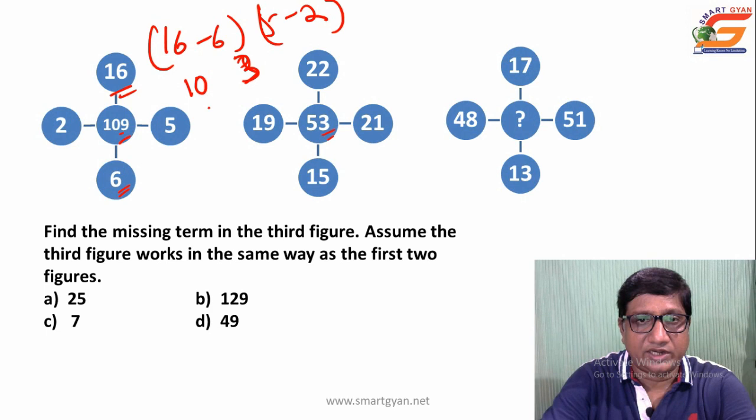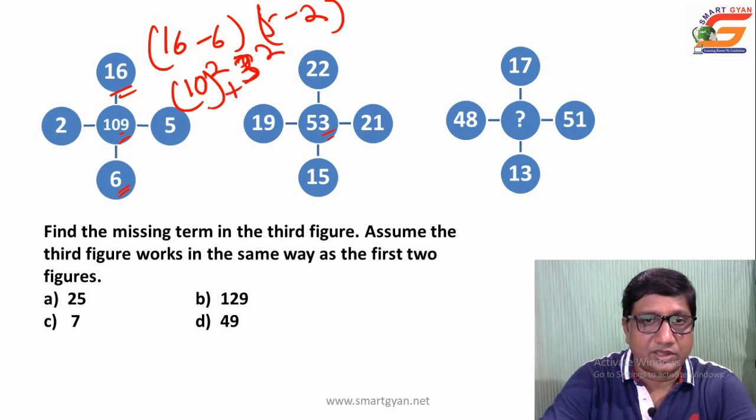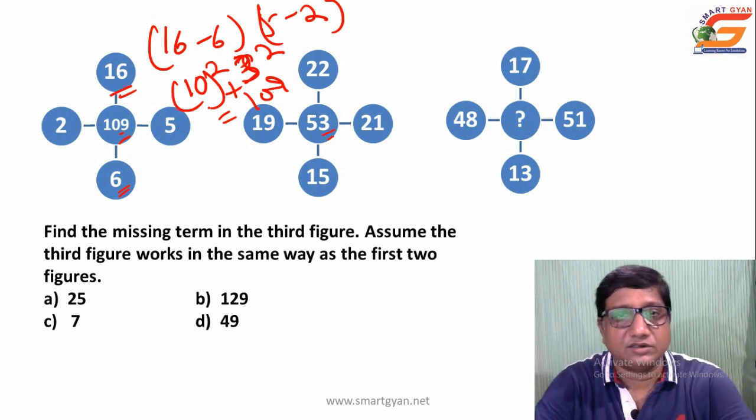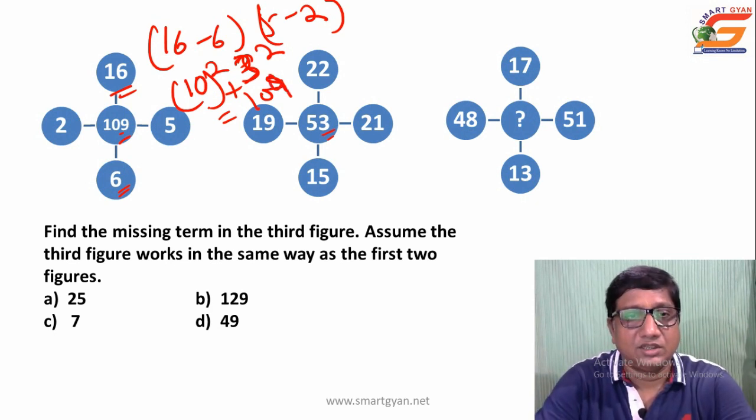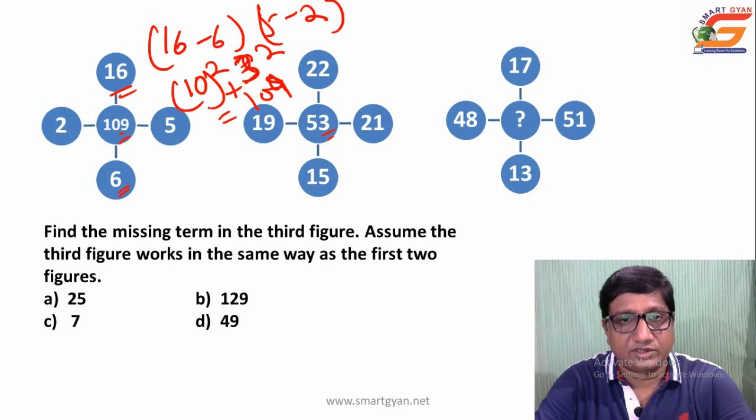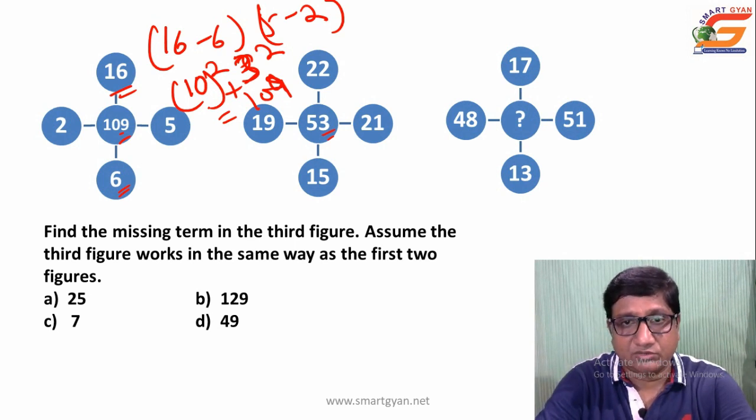So 10 and 3, how can it help you? 10 and 3, yes, 10 square plus 3 square is equal to 109. Yes, that is 109, your answer for the central figure. Yes, it is possible. Let us check the second one then.